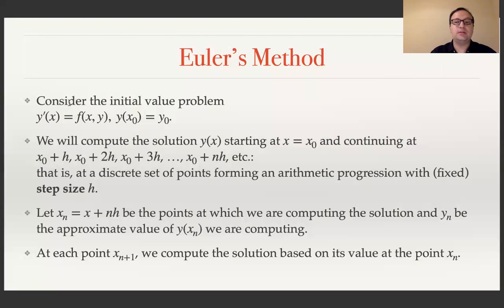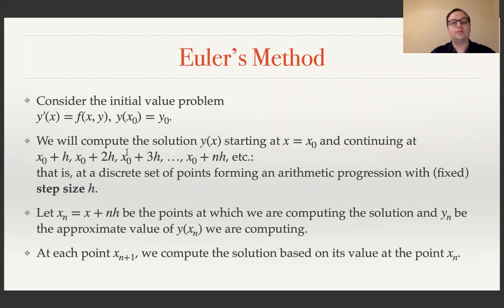So this is the setup for using Euler's method. We consider a first-order ordinary differential equation y prime is equal to some function of x and y with an initial condition y at the point x0 is equal to y0.